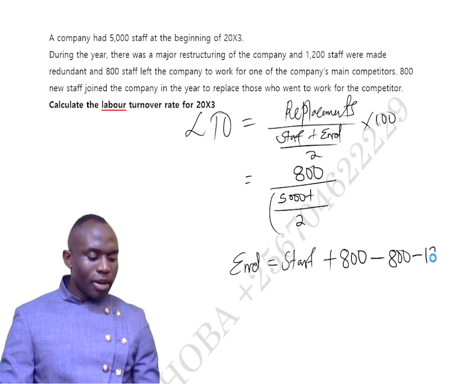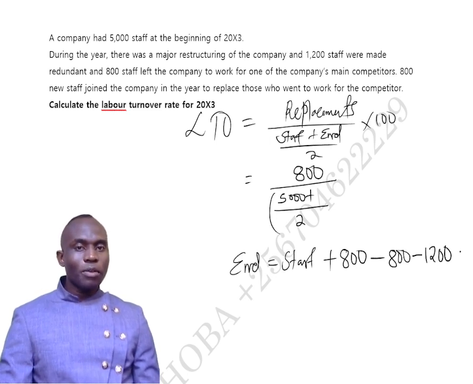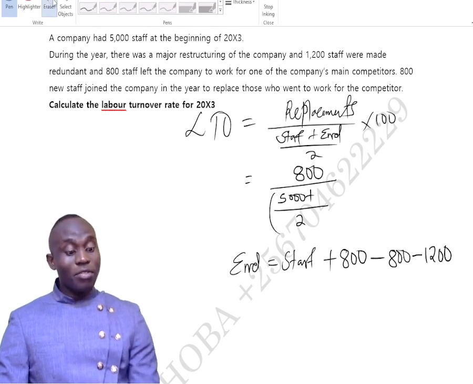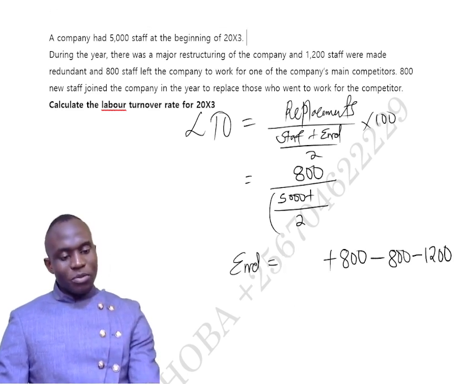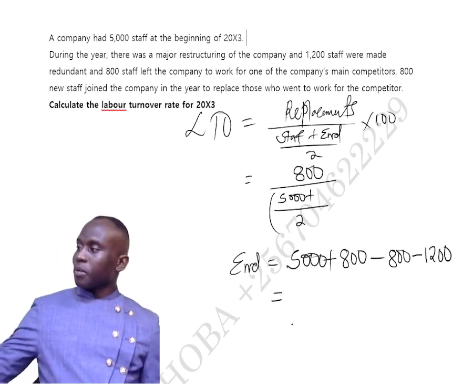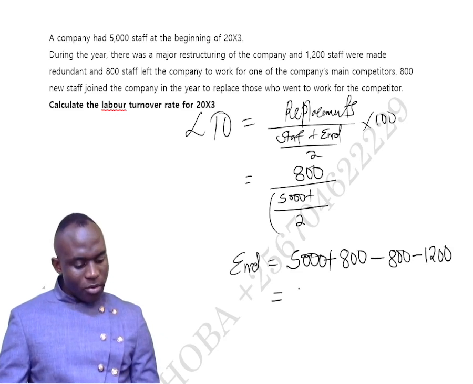People made redundant also left the company. You know how bosses fire, they just tell you to go back home, we shall call you maybe when we need you. So they make you redundant, and what happens is they never call you. So people at the start were 5,000. If we work out, people at the end would be 5,000 minus this, so we get 38.